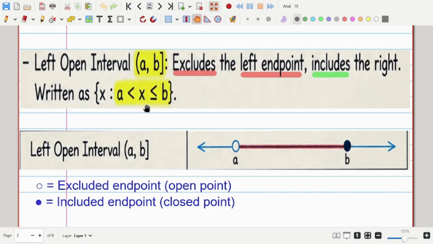On a number line, it is indicated with a hollow point on the left side, meaning an open point on the left side, and a closed point on the right side. Open point means exclude the endpoint and closed point means include the endpoint.